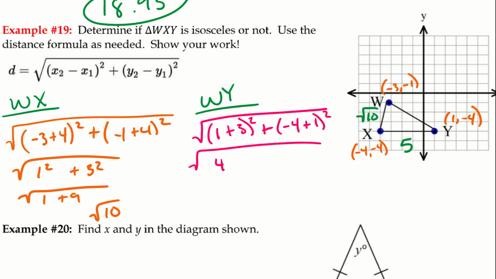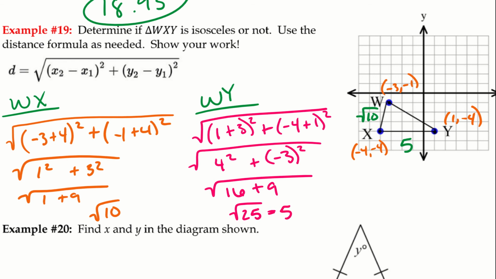We have 4 squared plus -3 squared, which is 16 plus 9, which gives me the square root of 25, which is 5. So I can plug that in. Yes, we do have an isosceles triangle. You don't have to explain why. Your math shows why it is an isosceles triangle.